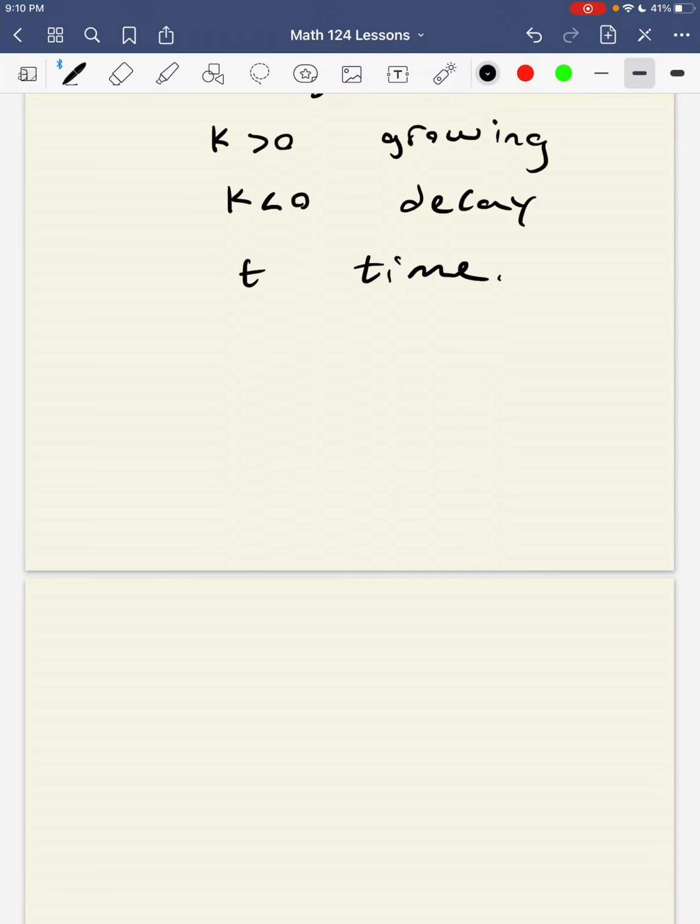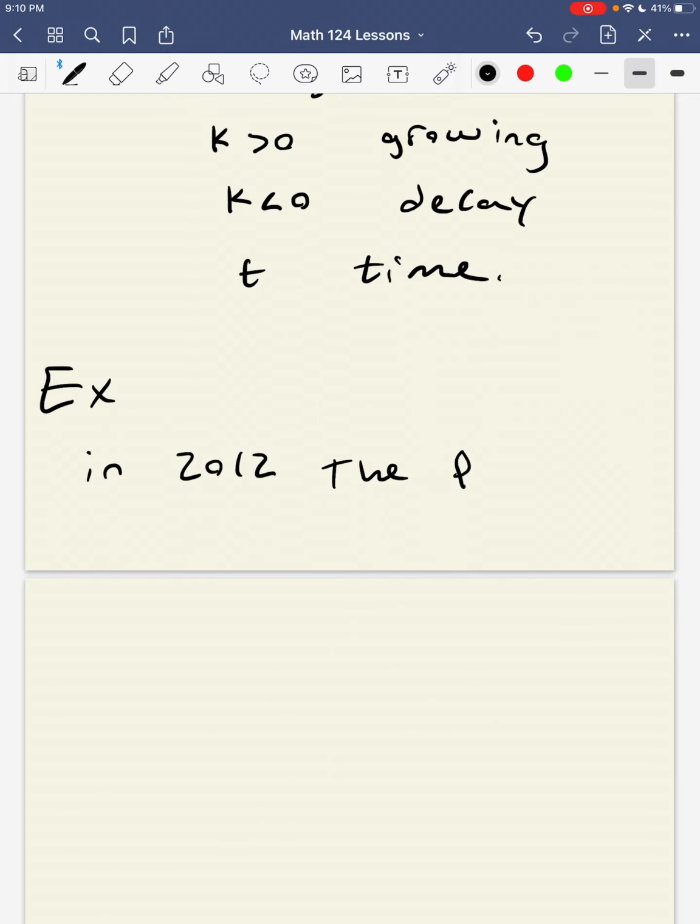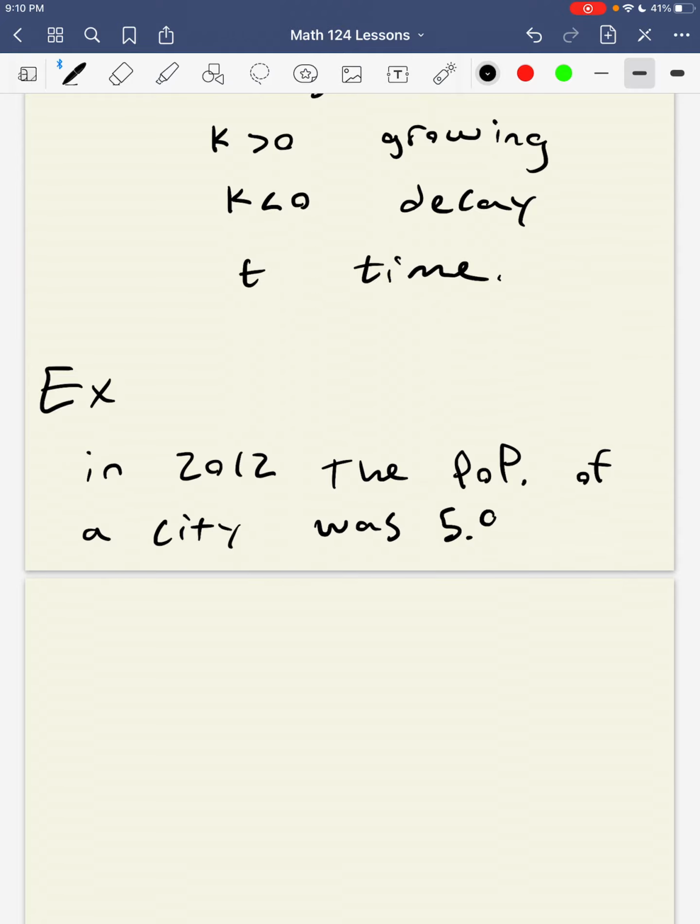So, for an example, say in the year 2012, the population of a city was 5.99 million.